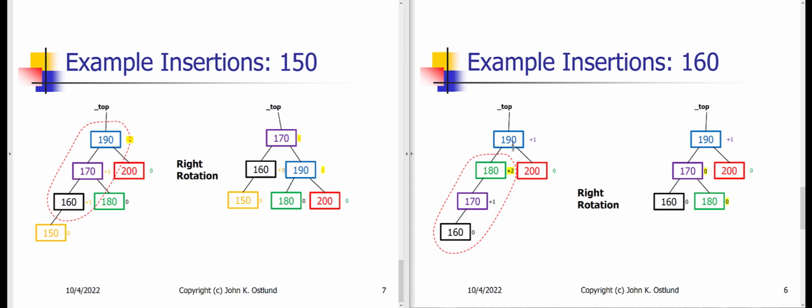Now, of course, if we were doing right side inserts, we would have to do left rotations to handle that situation. And if we were doing intermediate inserts, sort of in the middle area of the tree here, we would probably find ourselves having to do these combination left-right rotations or right-left rotations.